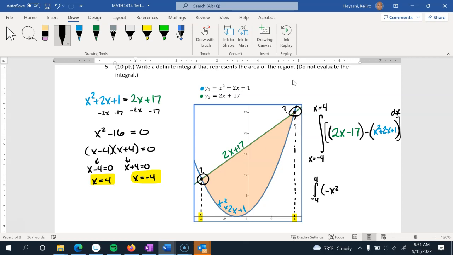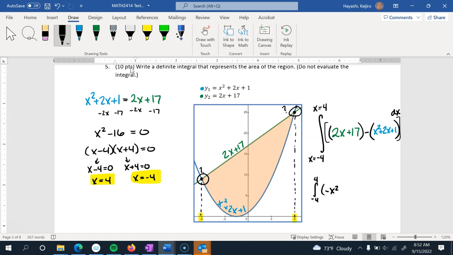It would be -x squared, 17 minus 1. Oh, this should be a plus, 2x plus 17.